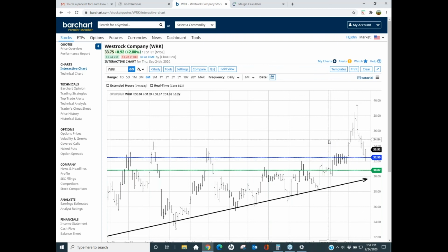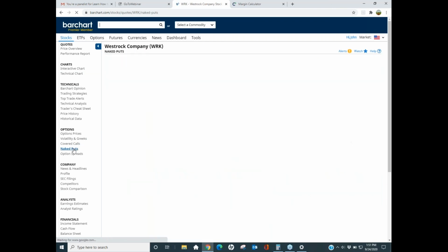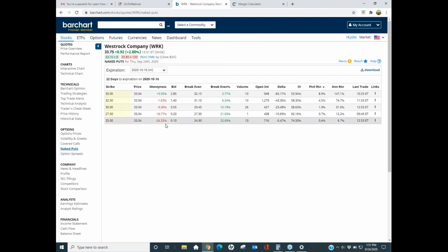Now let's go and look at our options on this one. And again, you can see that on our monthly here, 32.50, a nice return on a trade. So John, you can still get paid to wait to see if it comes to $32.